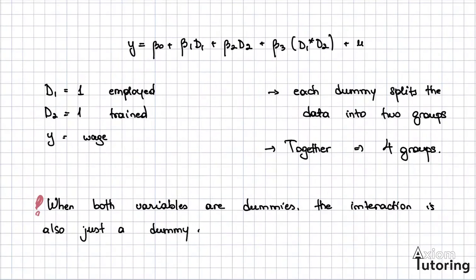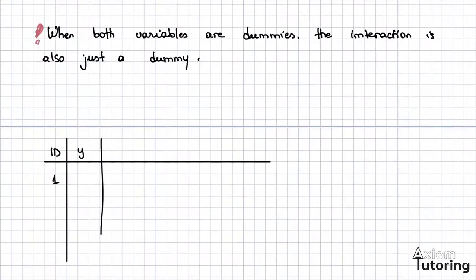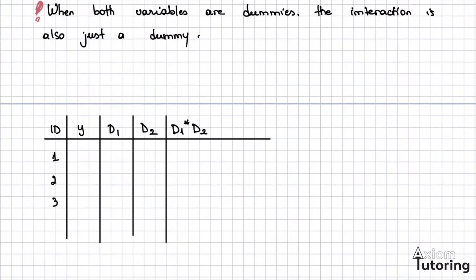Because of the way that you are creating it in your Excel spreadsheet, think about it this way. Let's say you have ID here and the first person, and you have the wage, and then you have D1, and then you have D2. The interaction, you can think of it as if you are creating a third variable here, which is just D1 times D2. So for the first person, if D1 is 0 and D2 is also 0, then obviously this is just 0.